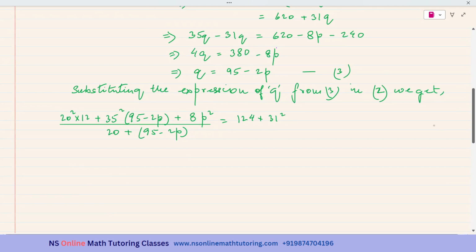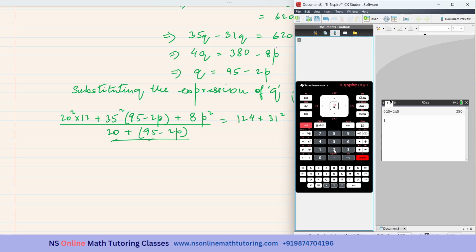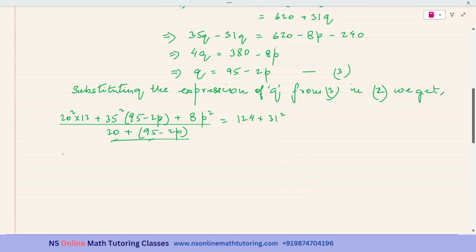And now I will be multiplying both the sides by this denominator. You can add 20 and 95 if you want. So 20 plus 95, 115.